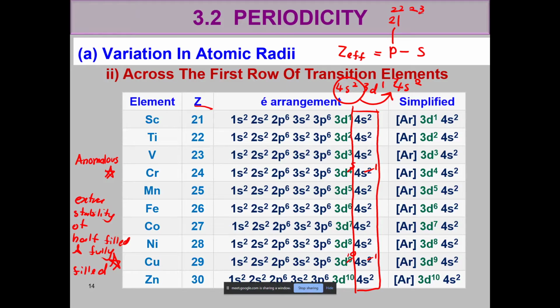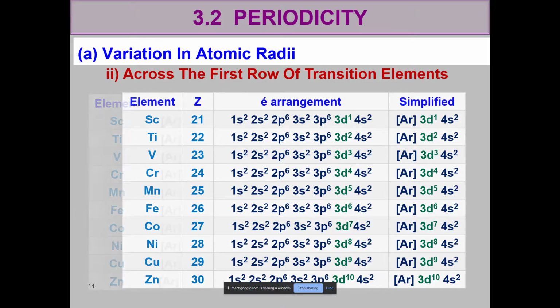Okay, tapi the inner electron also bertambah together as the transition element. So the Z effective untuk transition element remains constant. Okay, the only difference is untuk chromium dengan copper saja.